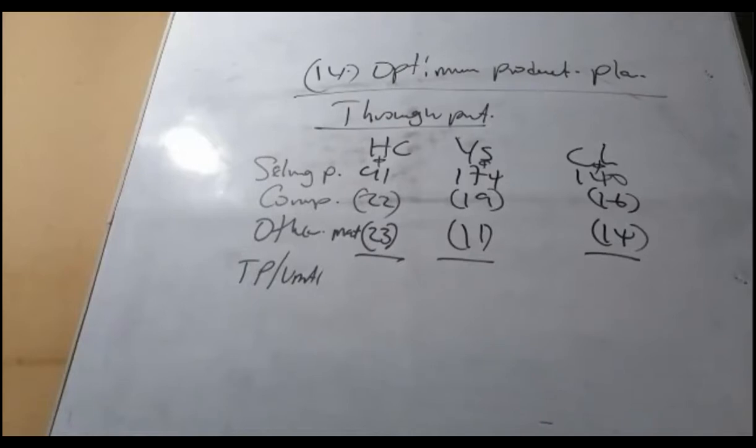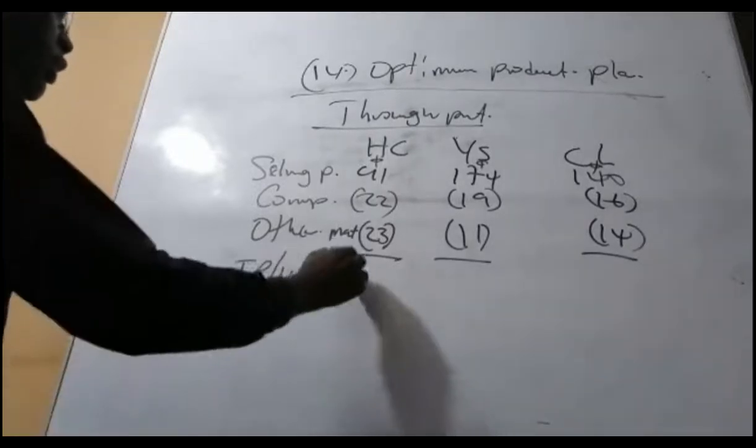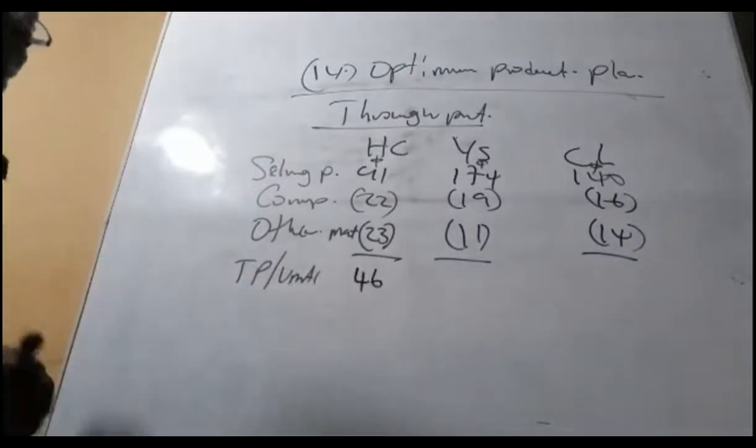So the first one is 46 Ghana cedis per unit.